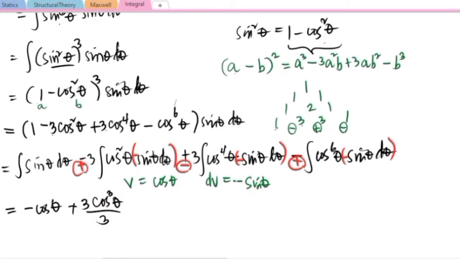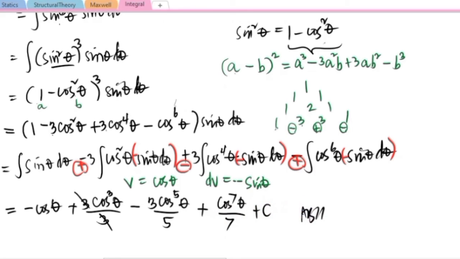So eventually, we will cancel this out. Minus 3 cosine n plus 1. So that's to the 5th theta over 5 plus cosine to the 7th theta over 7 plus c. And this is our answer.